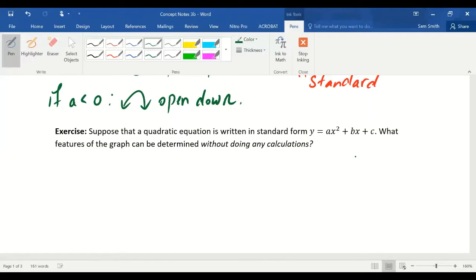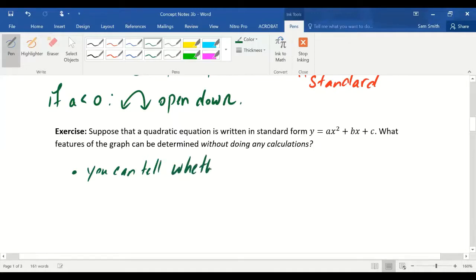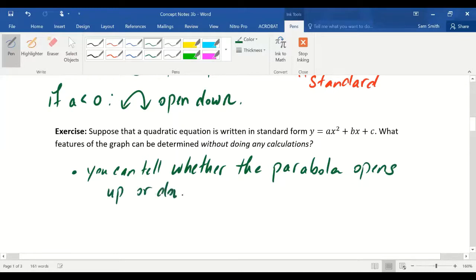Well, one of the features that you can tell right away is whether the parabola opens up or down, because all you have to do is look at the value of a and say, is that positive or negative? You just have to look at a.